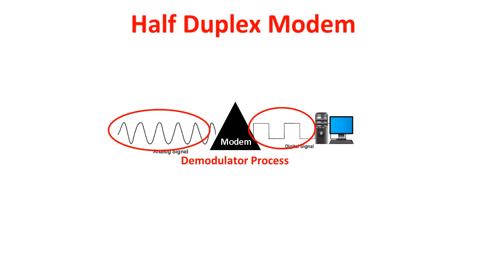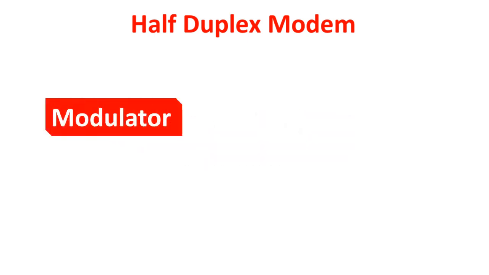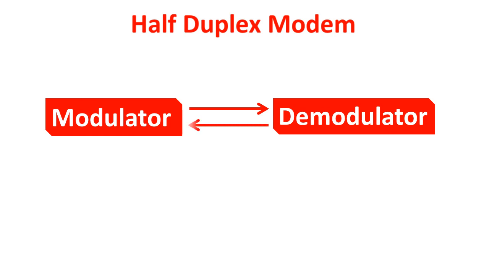Therefore, the half duplex modem can work with both modulator and demodulator. That is why it supports two-way conversation, but it performs only one process at a time. Other process will not start its operation unless the current process is fully completed.